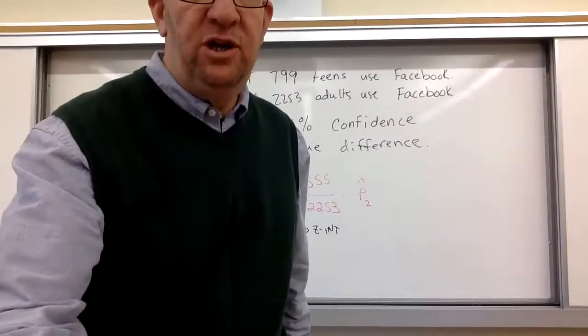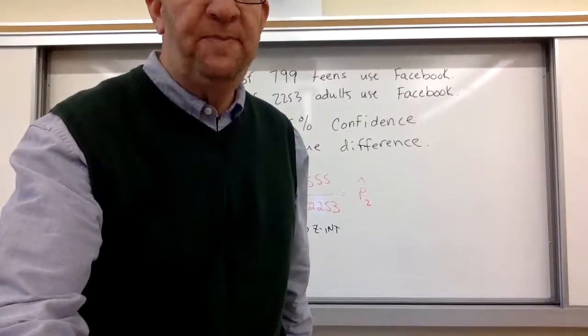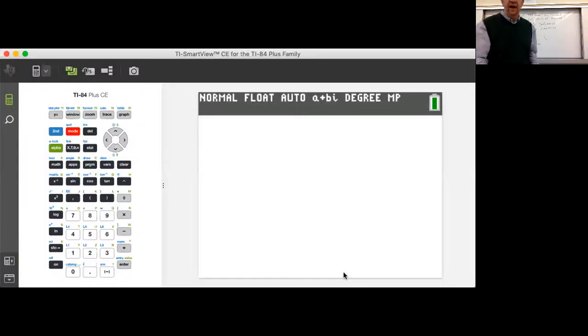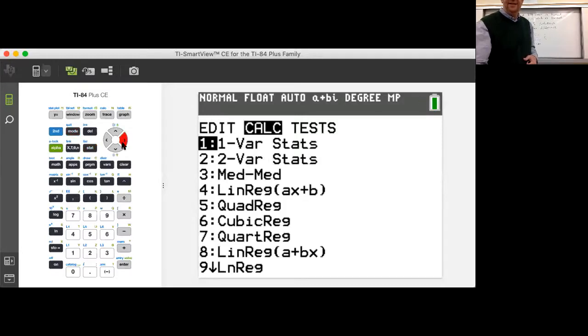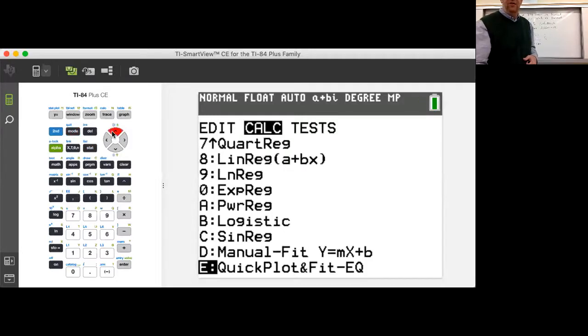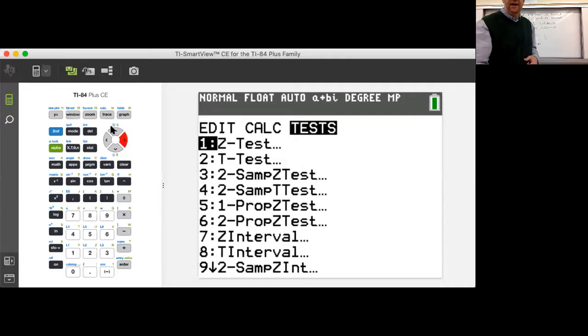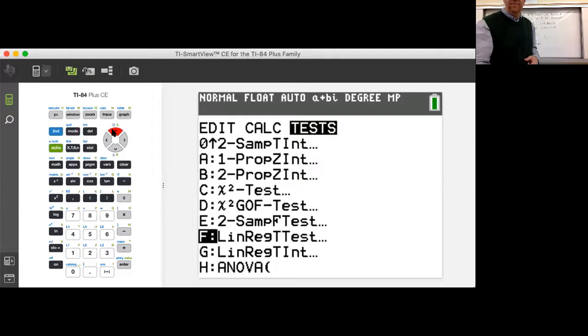I am going to screen share here over to the calculator. So I hope you all can see that. And we're going to go stat, tests, and then I'm going to go ahead and just arrow up because it ends up being, that's calc. It ends up being answer B there. 2 prop z int.